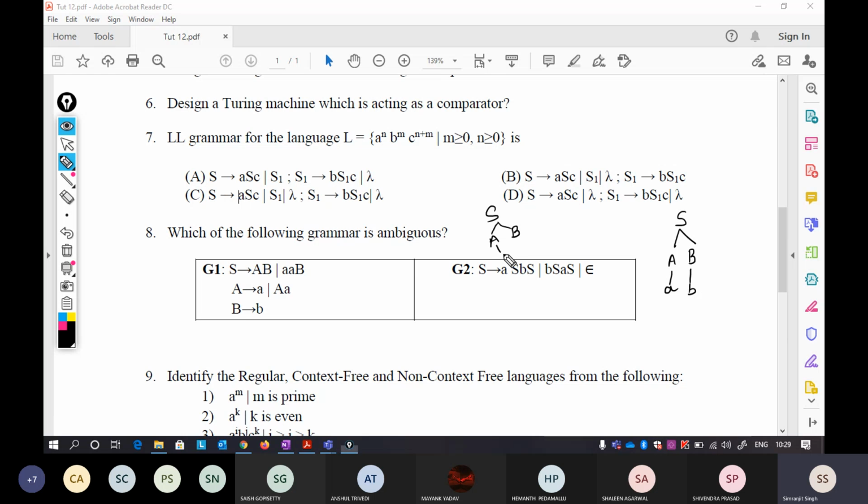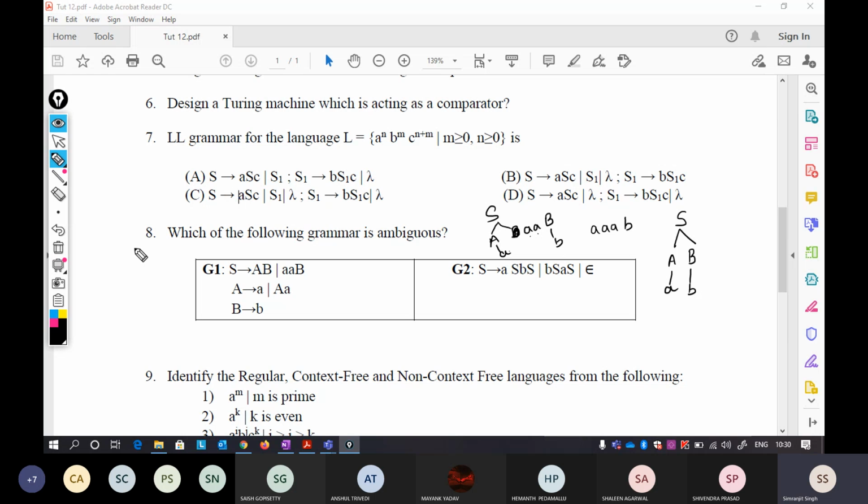One A from here, and then I can go like B. From this B, I can get this one. So it will be 1, 2, 3 A's and then B. Let me see if I can derive it any other way. I don't think I can.